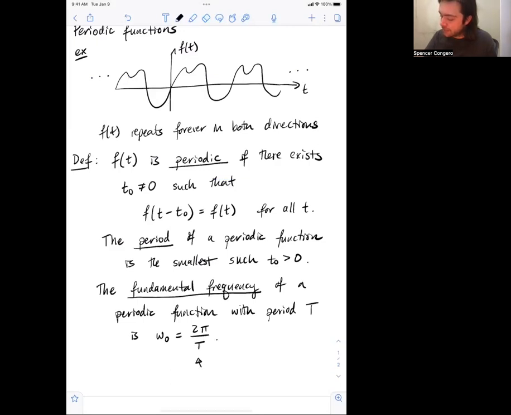Okay, and this is in units of radians per time. That's what this fundamental frequency is. It's like angular frequency, radians per time.